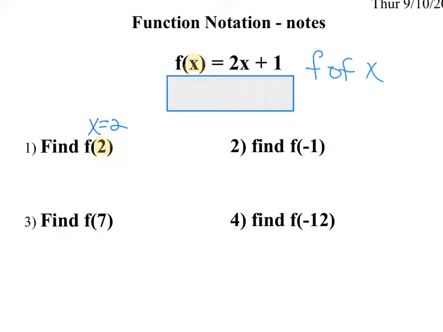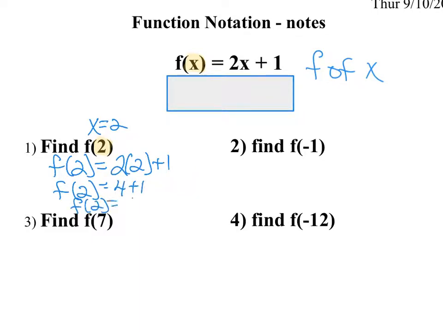So actually, it's pretty much what we just did in the previous example when I did that little refresher. So you're going to say f of 2 equals 2. Now, instead of the x, I'm going to put a 2. And now I'm just going to evaluate that. Well, 2 times 2 is 4 plus 1. So f of 2 equals 5, which is exactly what we got when we just substituted in x equals 2. It's the same idea.